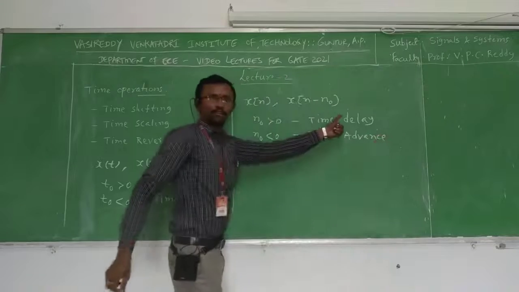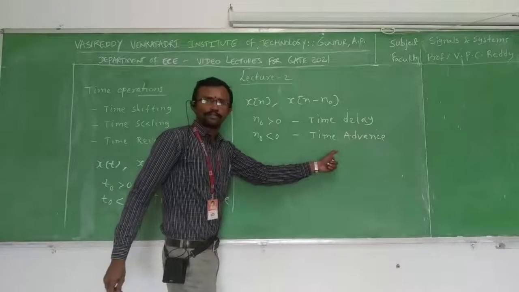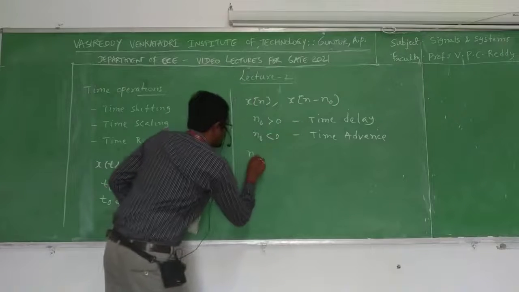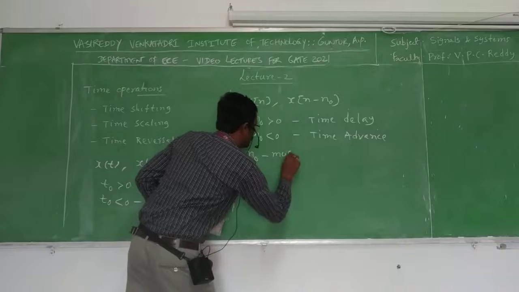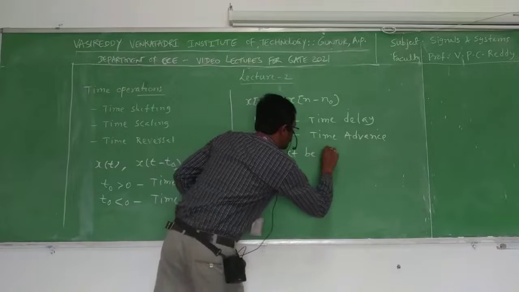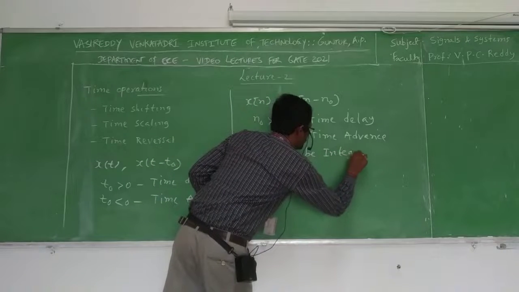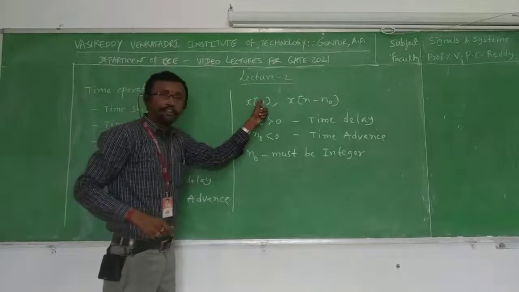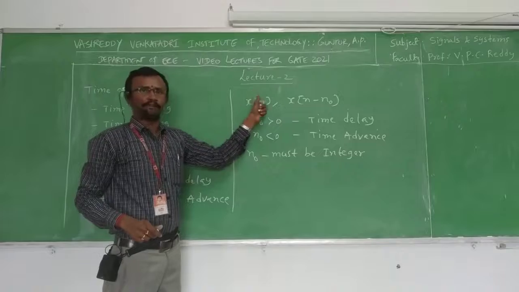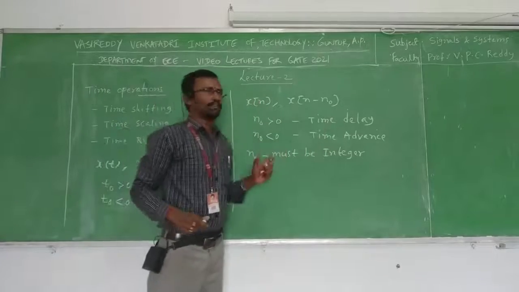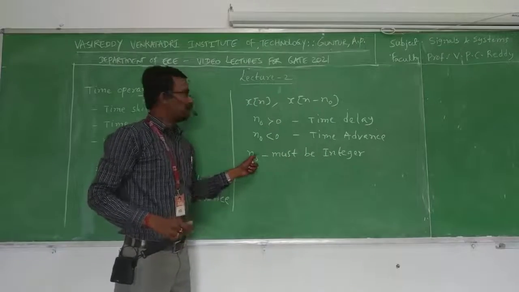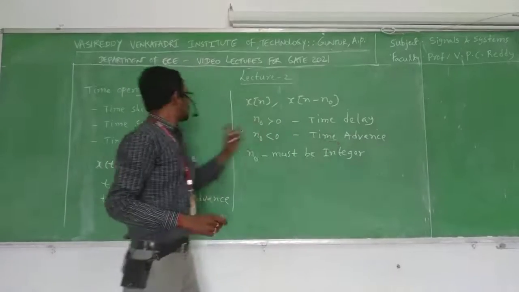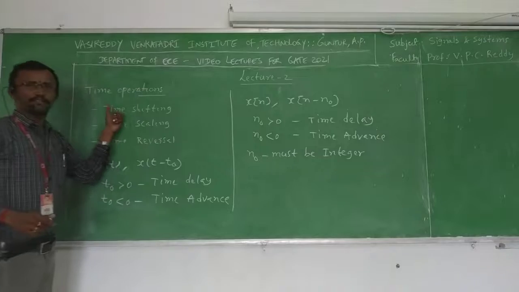Time delay is also known as right shift, time advance is also known as left shift. Here one more condition is there: n naught must be an integer. Why? Because this is a discrete time signal, it is only defined for integer values of the time axis from minus infinity to plus infinity. That's why n naught must be an integer. If n naught is positive, time delay; if n naught is negative, time advance. This is the first operation, the time shifting operation.